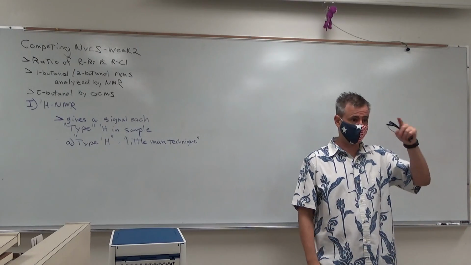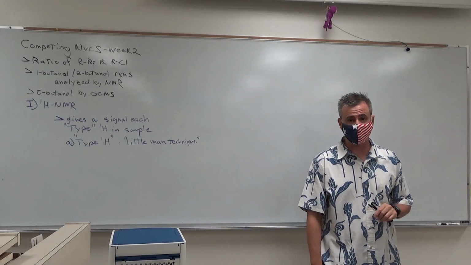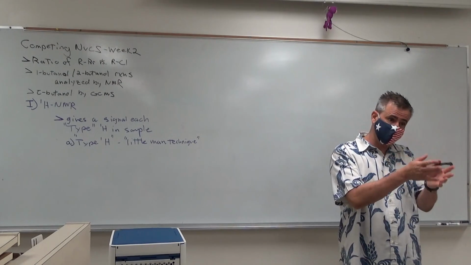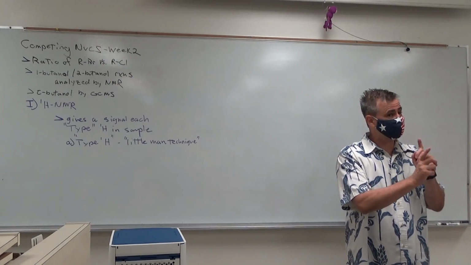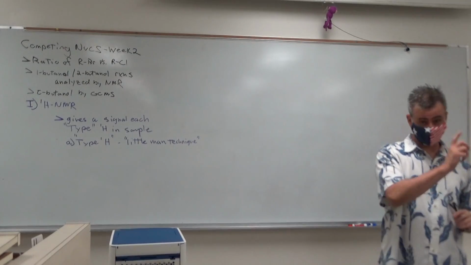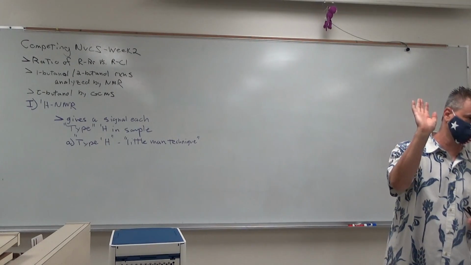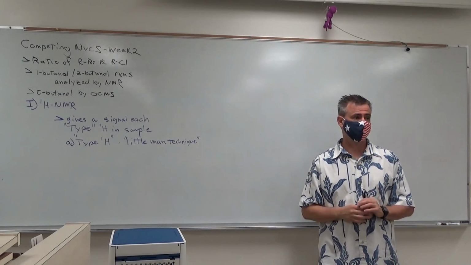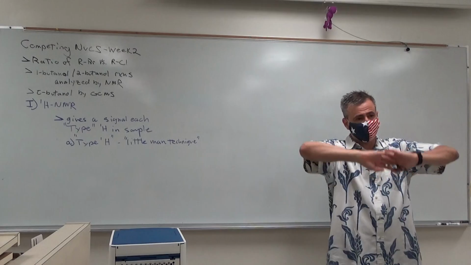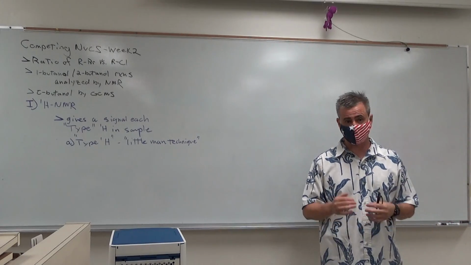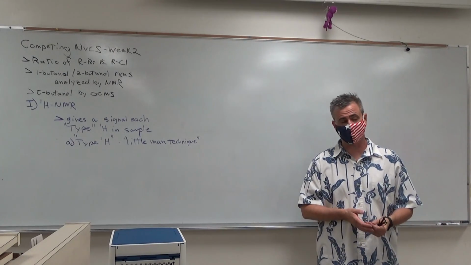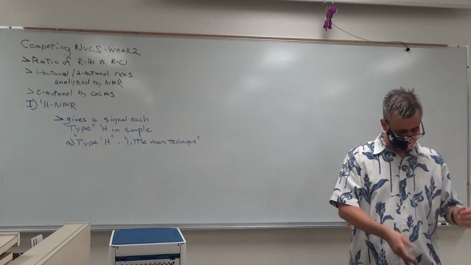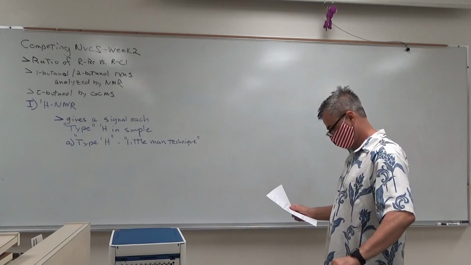But put a little asterisk on your paper and in your brain that there are situations where, if you have a CH2, those H's can actually be different. On a CH3, they're basically never different. But there are certain circumstances where a CH2 can be different. For the most basic introductory discussion of NMR, if they're on the same carbon, they're the same type of proton. All right? Okay.